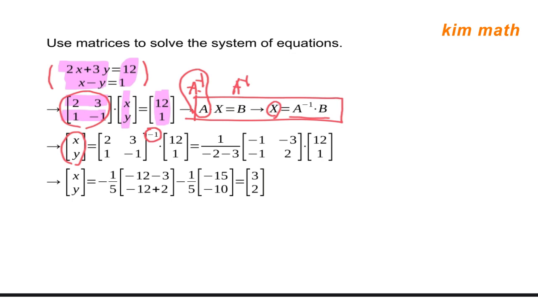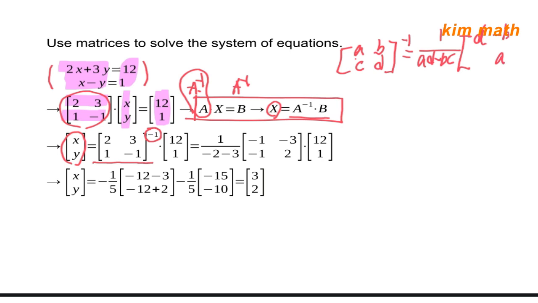Then multiply by [12, 1]. The inverse of this part, remember that? The inverse of [[a, b], [c, d]] will be 1 over (ad minus bc), and switch these two numbers and change the sign of these two numbers.